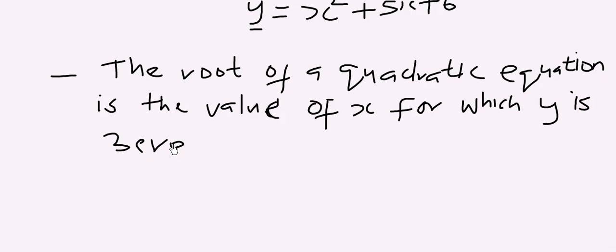So we must set our equation to 0. So we have that x squared plus 5x plus 6 is equal to 0.